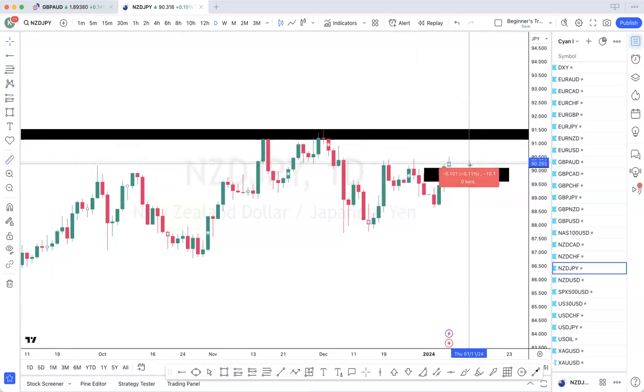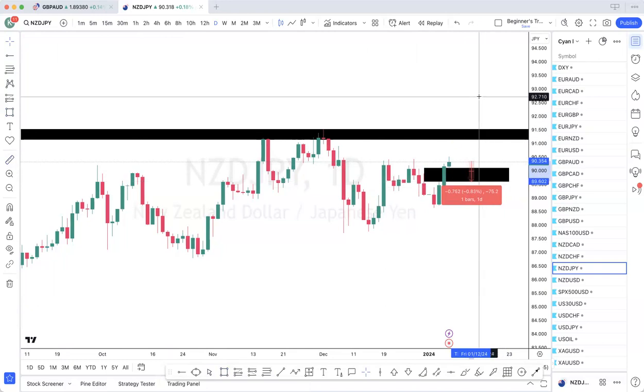Like 60, 30 pips? Go to the middle. Between 30 and 70 pips. So it'll probably go 70 pips.